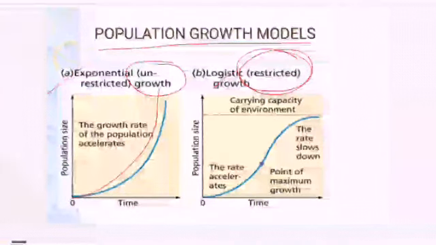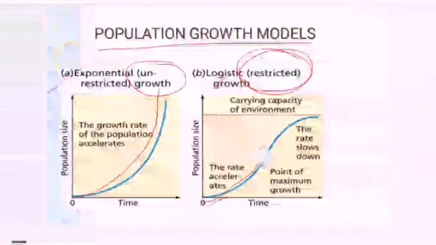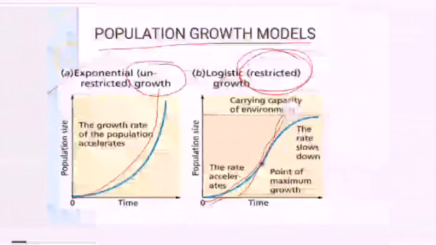For logistic growth, the resources are limited and restricted. In the beginning it takes time to increase the population, and gradually it goes on increasing, so maximum growth takes place. They will go high, but restricted, because resources are limited.